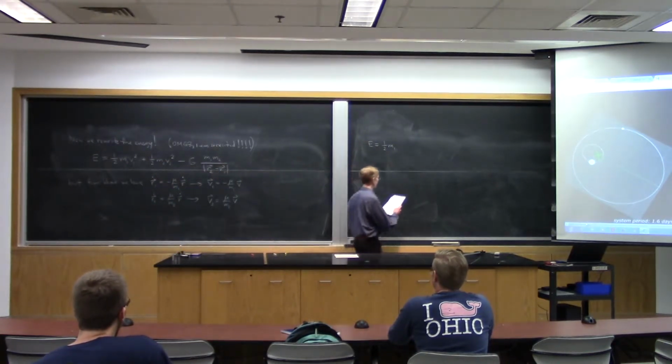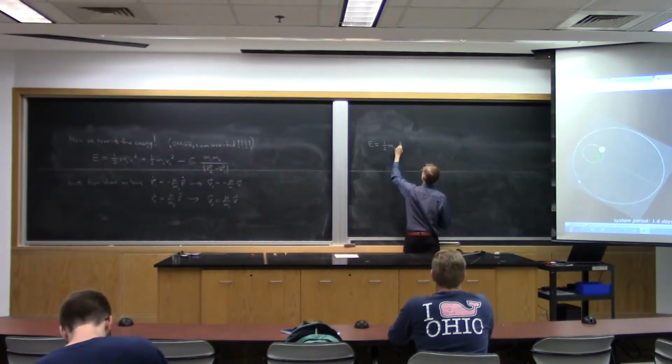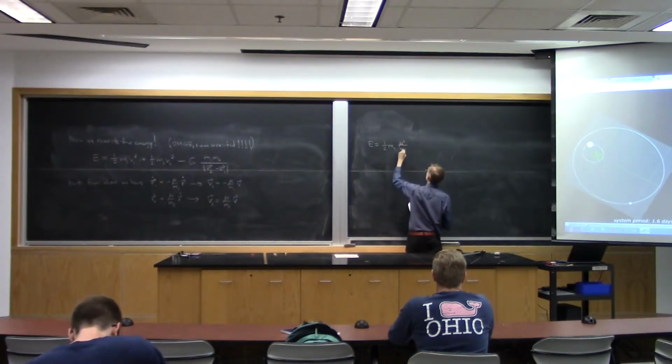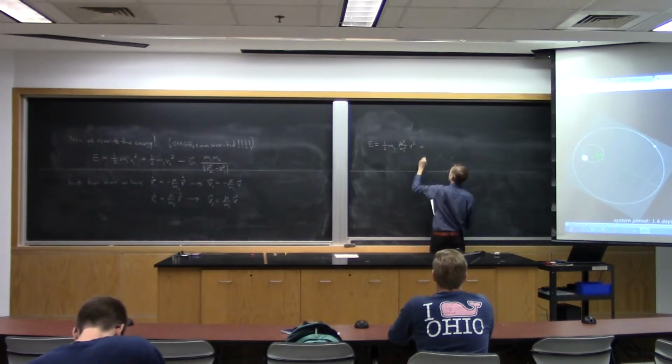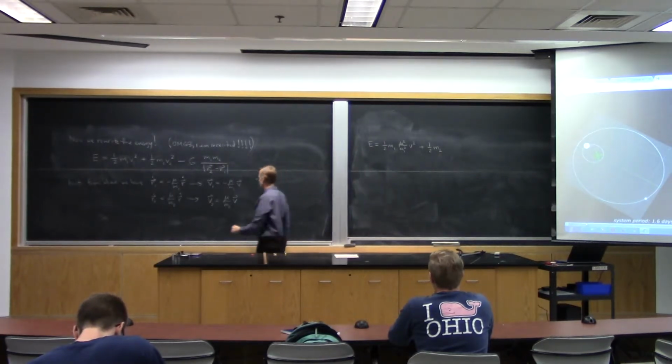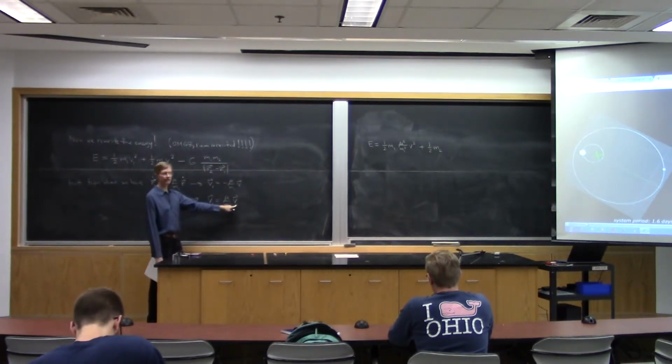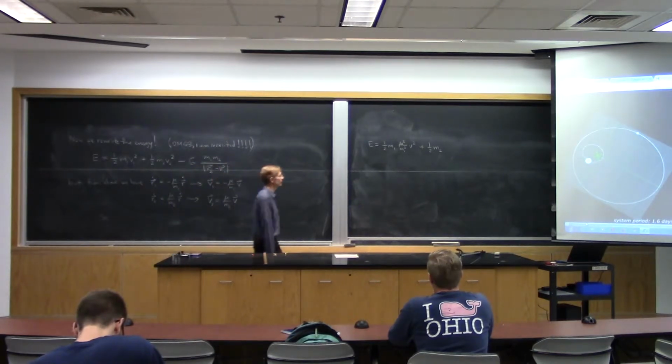So 1/2 M1 times mu squared over M1 squared V squared. And similarly, 1/2 M2 V2 squared, well, V2 squared is just mu squared over M2 squared V squared, V again being the relative velocity.